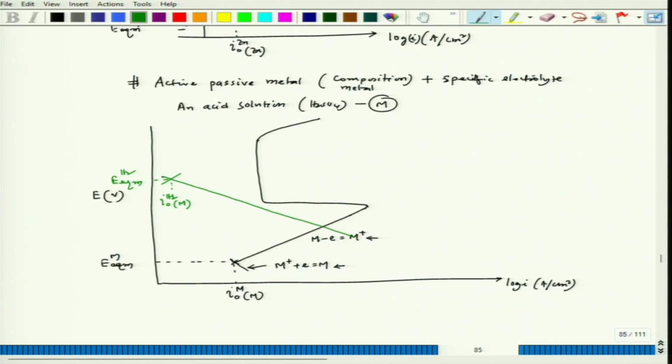The metal shows active passive part when you go for anodic dissolution or anodic polarization. So, that means if we go upward, the metal will show very such behavior.